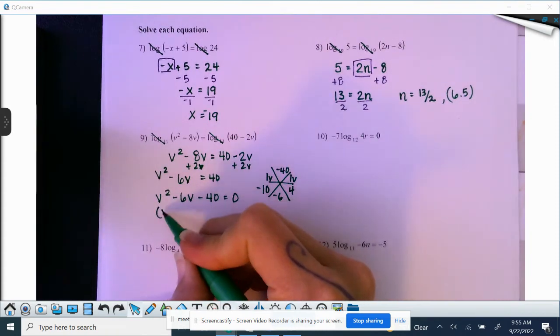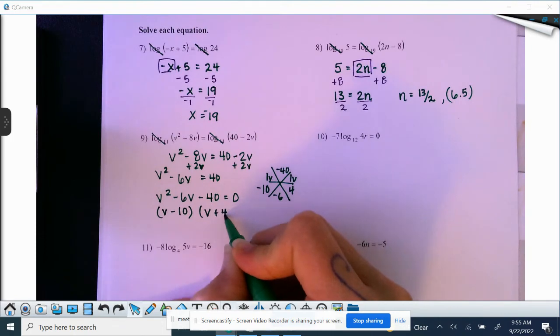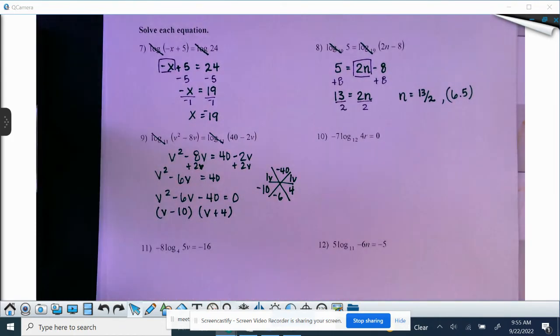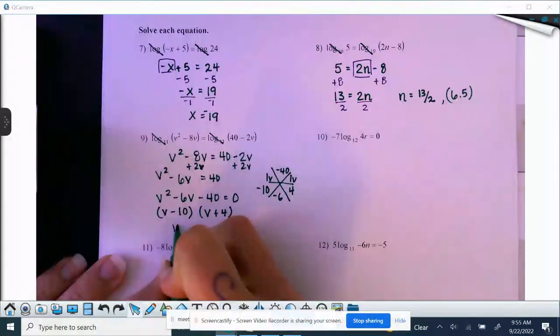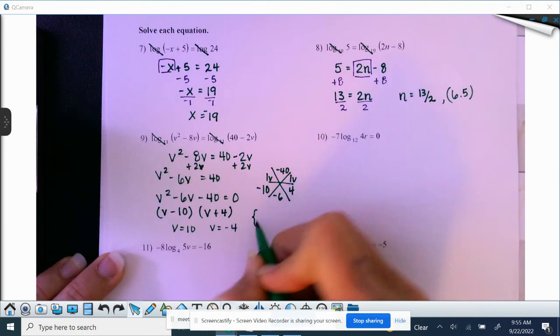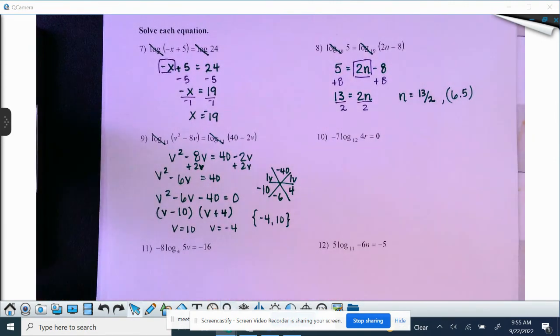So it's going to be v minus 10, v plus 4. Then you set both of those equal to 0 to solve, which gives me v equals a positive 10 and v equals a negative 4. So our answer would be negative 4 and 10. And those are not parentheses; they're the squiggle braces because it's a list of solutions, not a coordinate.